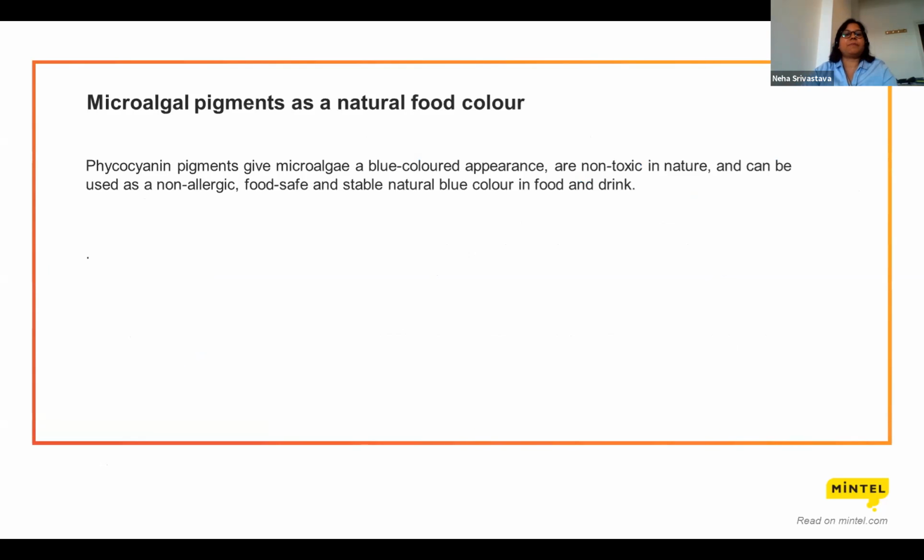The third and most important part, based on consumer trends, is the move towards clean eating and the clean label trend. So microalgae pigments can be an important ingredient in the clean label trend by replacing artificial or synthetic food colors with natural pigments.